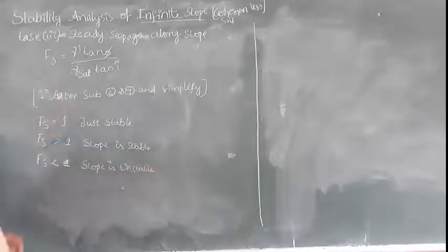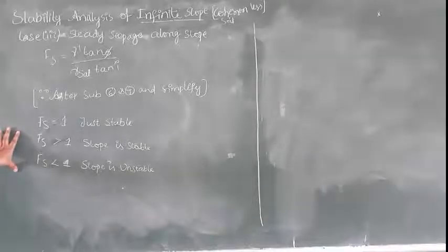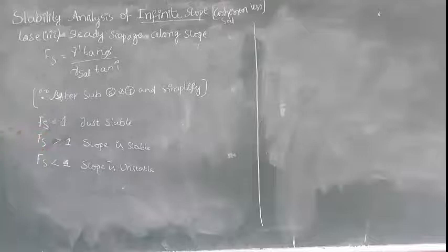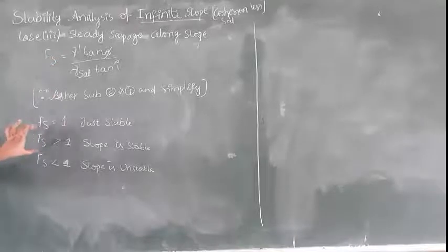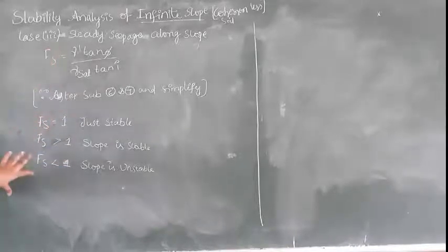So like this we can come to conclusions about the stability of a slope based on the factor of safety, right? So you can analyze when the factor of safety will be equal to 1, when it will be greater than 1, and when it will be less than 1.